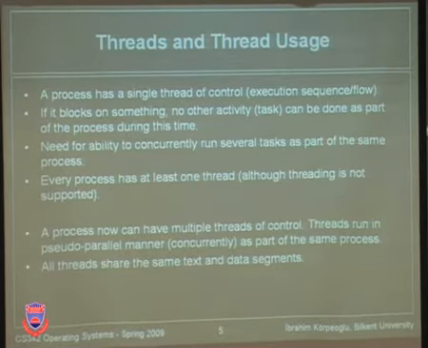That means we can have several execution sequences, flows, threads, instead of just having a single thread in the application, okay? Of course, all these threads will share the same text data segment. The program code will be shared by all the threads, plus the global variables will be shared, okay? Otherwise, if you are not sharing them, that means you are actually having different processes. So it will not be different than the processes.